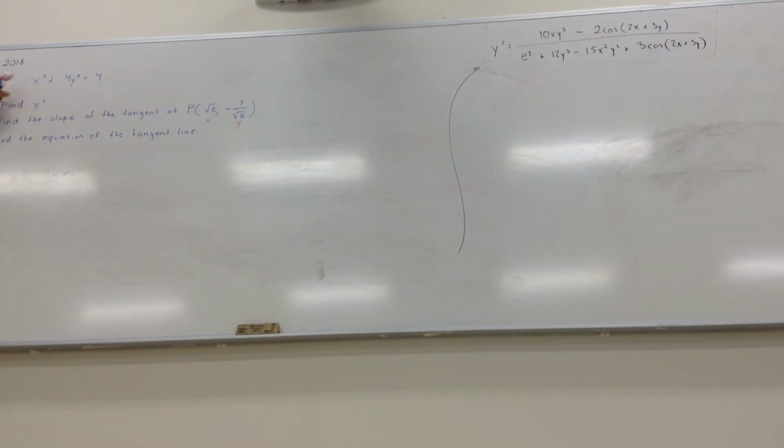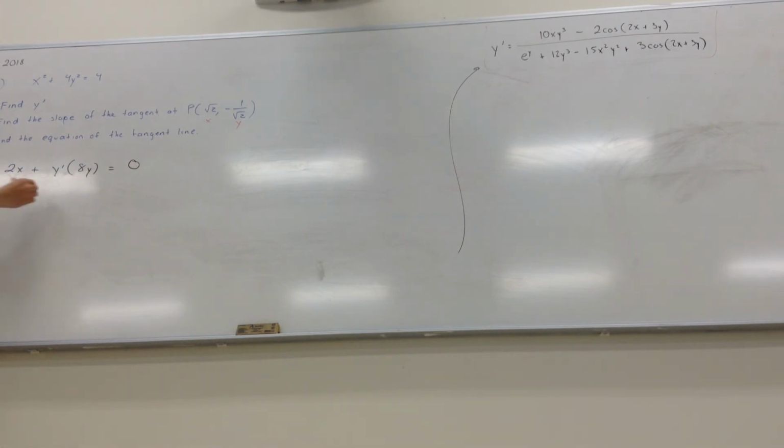That's my relation. So derivative of x squared, derivative 2x, plus 4y squared, derivative, and y prime, equal to 0. Very good. Now isolate the y prime.